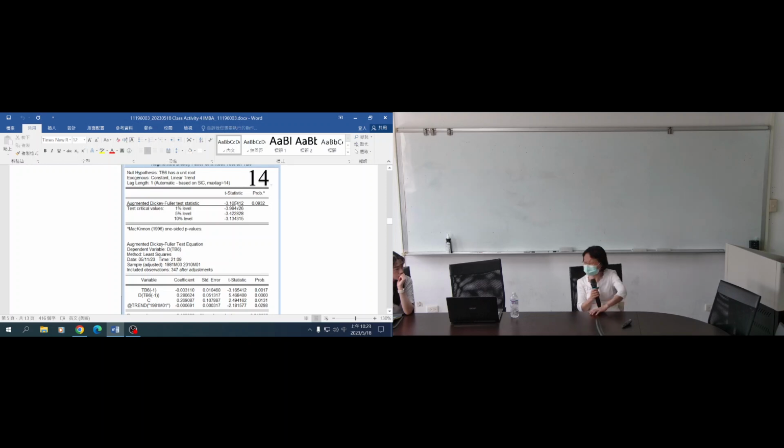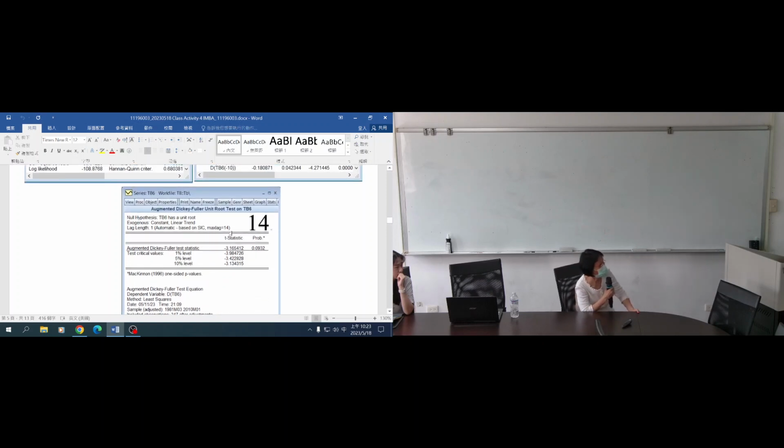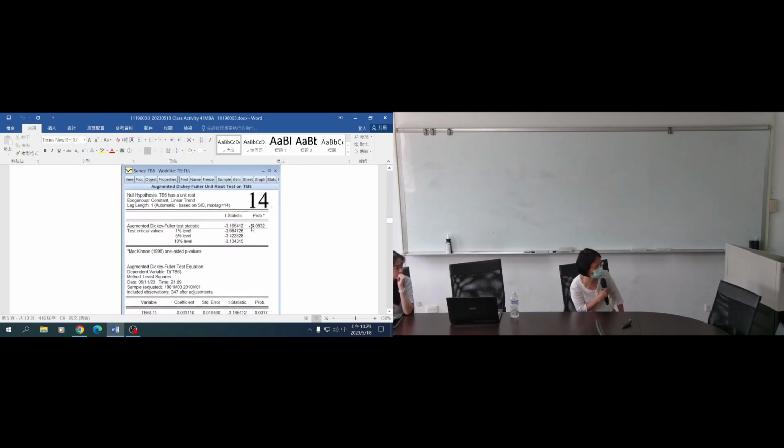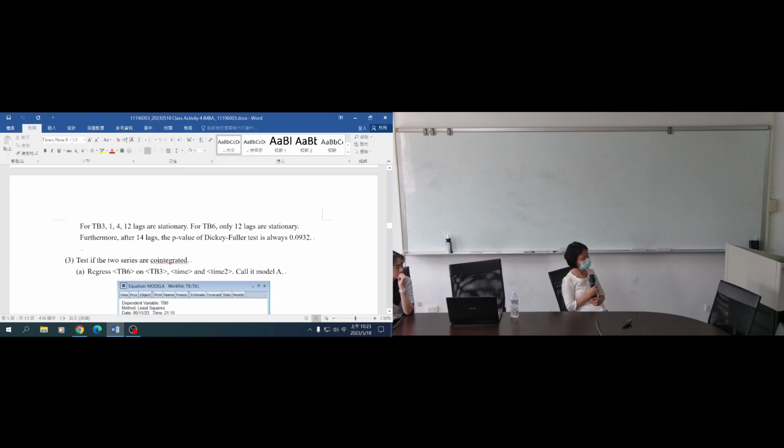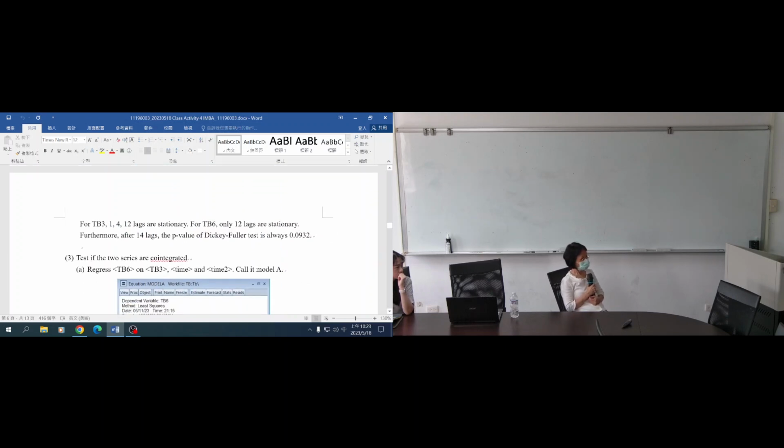We don't have to insist on 5% as long as it's less than 10%. I think this alpha significance level is allowable. So this is stationary in this case? Looks like. And for TB3, lags 1 to 12 are stationary.